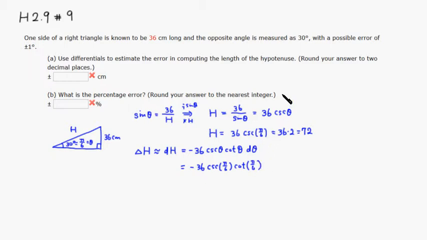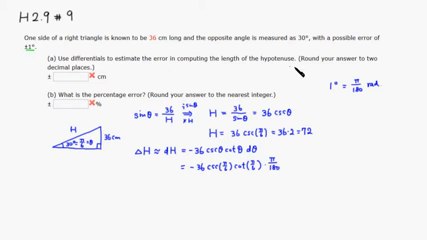And d theta is right here, 1 degree. Actually, we have to turn it into radians. Pi over 180 is equivalent to 1 degree, so you have to multiply by pi over 180.